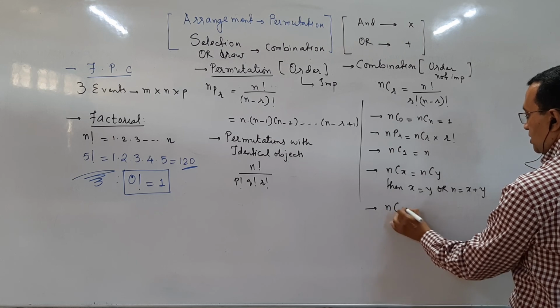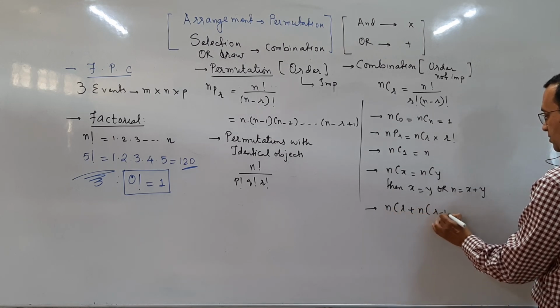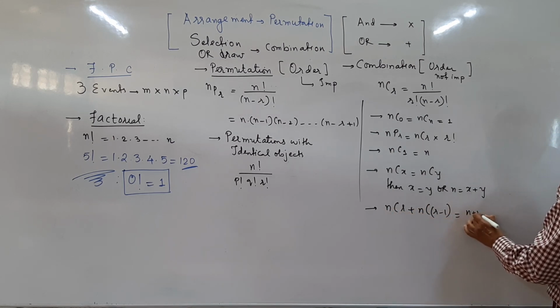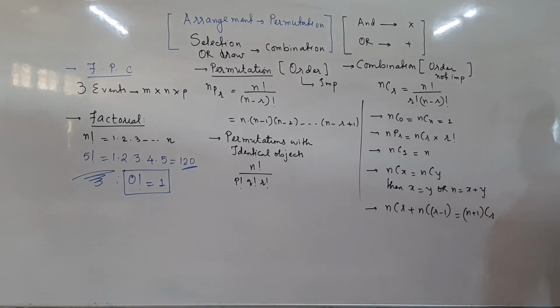And last but not the least, nCr plus nCr minus 1 will be n plus 1 Cr. These are all basic properties or formulas involved in combination.